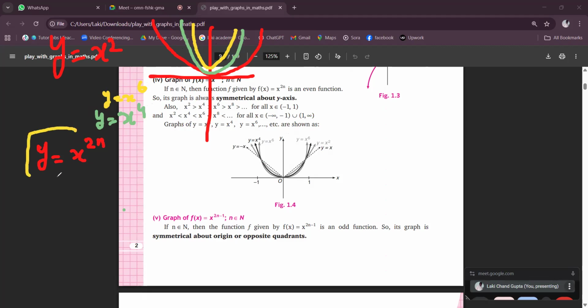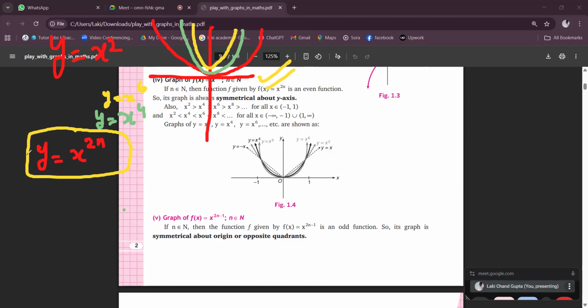Understood? So any graph of this form, the graph of y is equal to x raised to 2 looks like a parabolic shape. And when the power increases in terms of even number, whenever power increases, it bends toward y-axis. That's it.